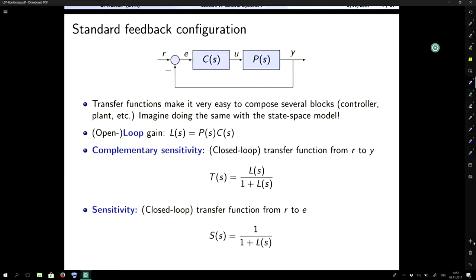Okay, so we can do the calculations. We did them on the very first lecture, but let's do them again.